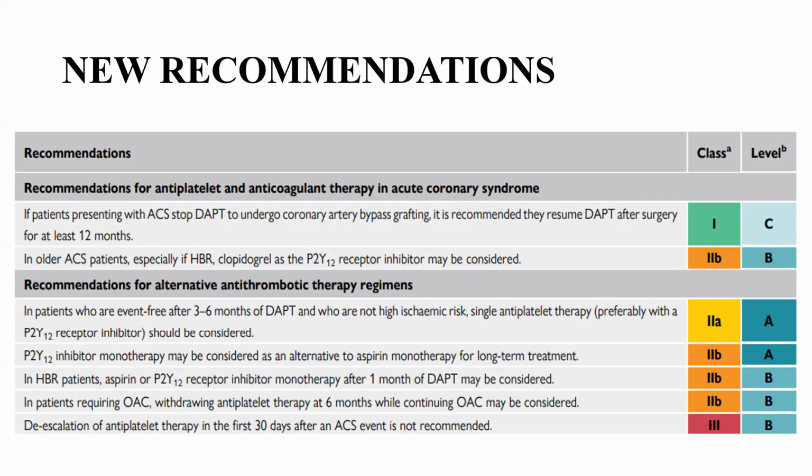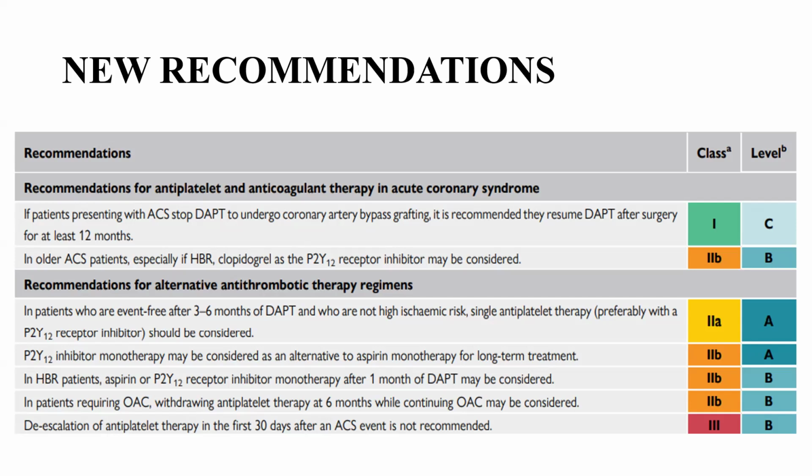You have to have a balance between the patient's ischemic risks and the bleeding risks, and the fact that the patient has been event-free. It's not everyone getting 3 to 6 months of dual antiplatelet therapy instead of the initial recommendation of 12 months. You should balance it with the ischemic risk and the risk of bleeding.